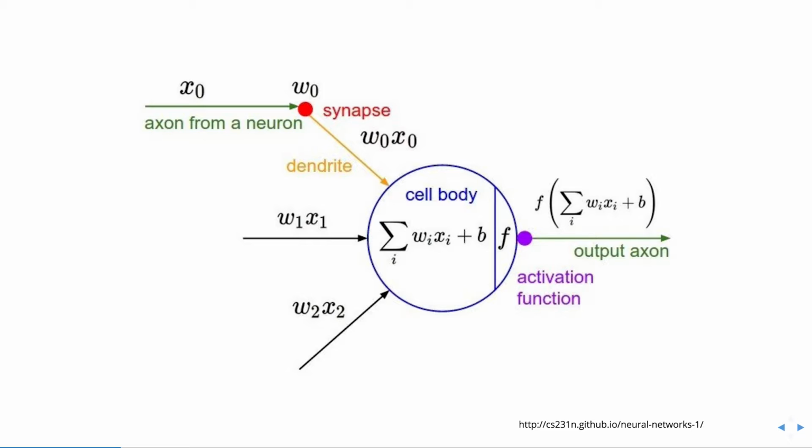The weights on the dendrites allow us to model whether a connection is excitatory, as in it contributes towards the cell spiking, or inhibitory, as in it detracts the cell from spiking.